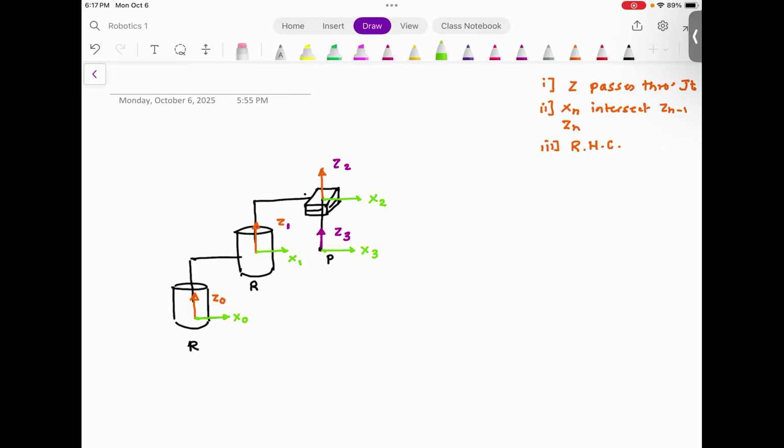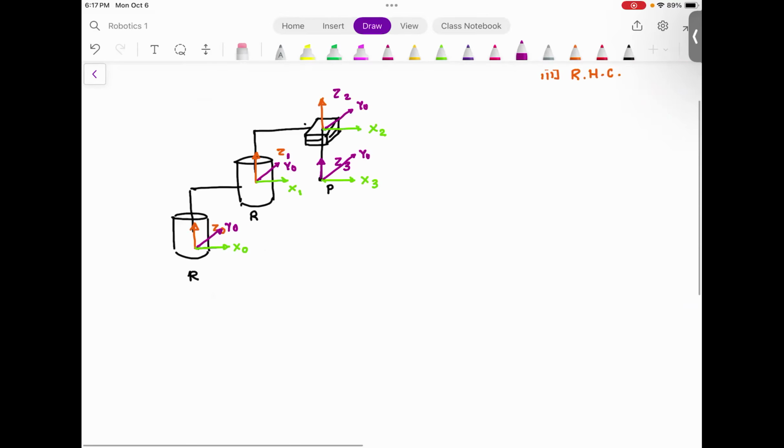Can someone tell me why I chose my coordinate systems like this? All coordinate systems align with each other. Do you agree with me? What does it do? All the projection matrices become identity. Everyone understood this?